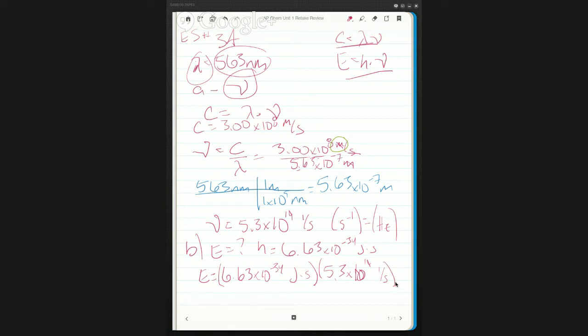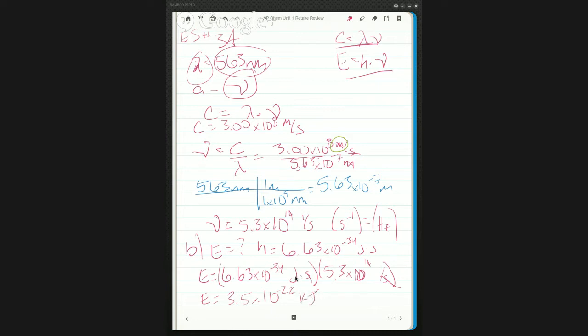And so we just multiply it out, and the seconds cancel out, leaving you with joules, and E ends up being equal to 3.5 times 10 to the negative 22 kilojoules.